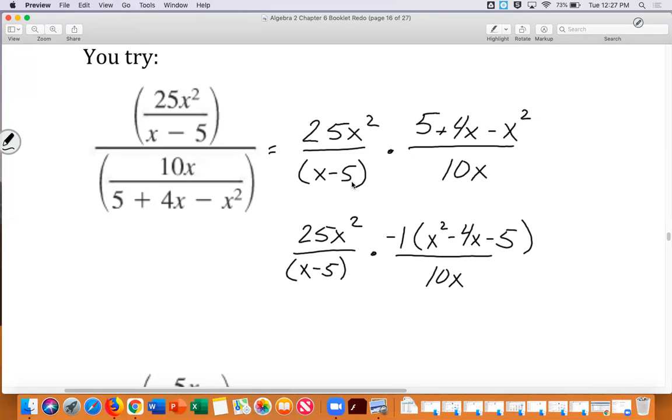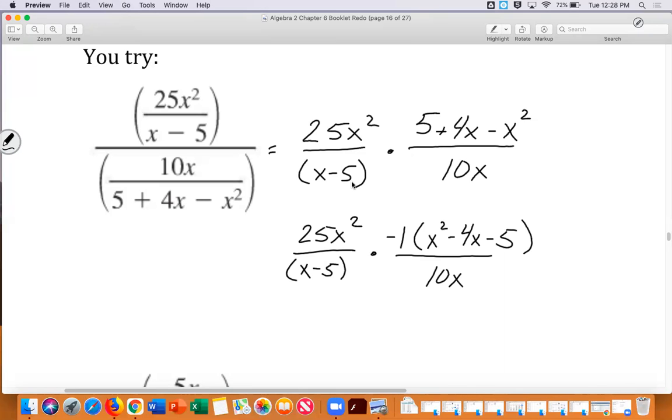Look, -1 times x squared is negative x squared. -1 times negative 4x is 4x. -1 times -5 is 5. So when that first term, that x squared, is negative, you can factor out a negative to flip your signs so that now it's positive and you can factor.